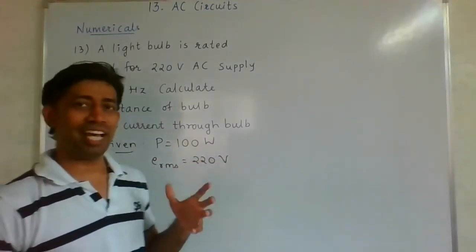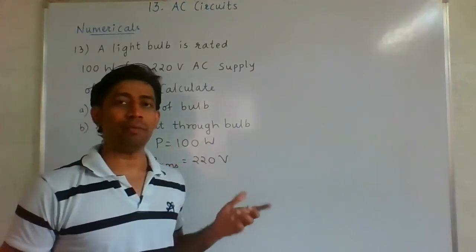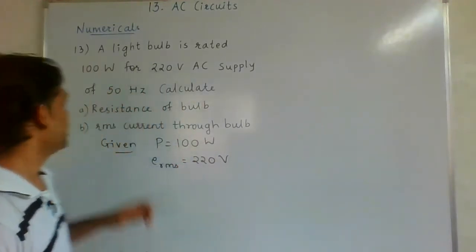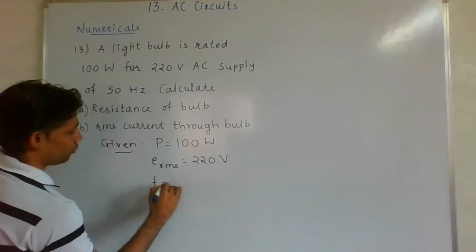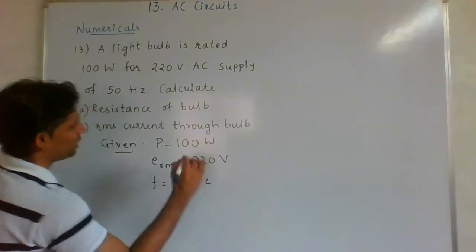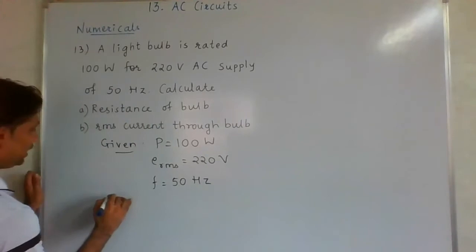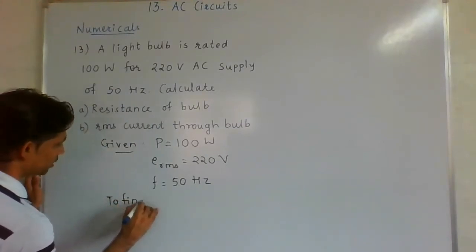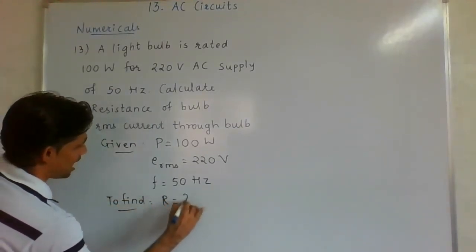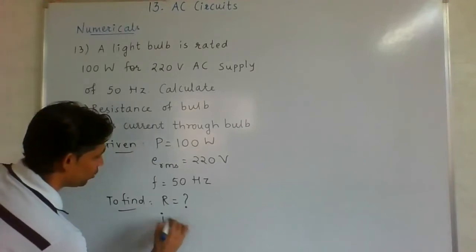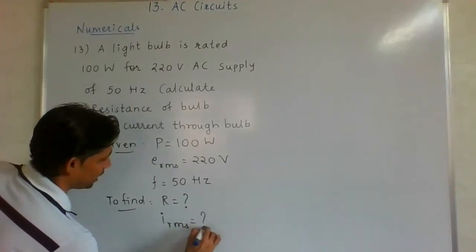Unless the peak value is given, all other values of EMF will be called ERMS. Okay? 50 hertz, so frequency is 50 hertz. They have asked you to calculate the resistance as well as they have asked you to calculate RMS current.